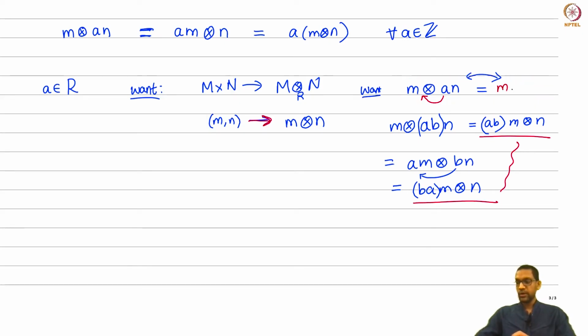So this is what I would want to be true. Okay, so I multiply m by a, the scalar multiplication, on the right. Okay, and then you will see that this problem goes away. Okay, so let's go ahead and make the formal definition. This is just a heuristic motivation for why one module needed to be right and the other needed to be left. Okay, so here's the formal definition of a tensor product.